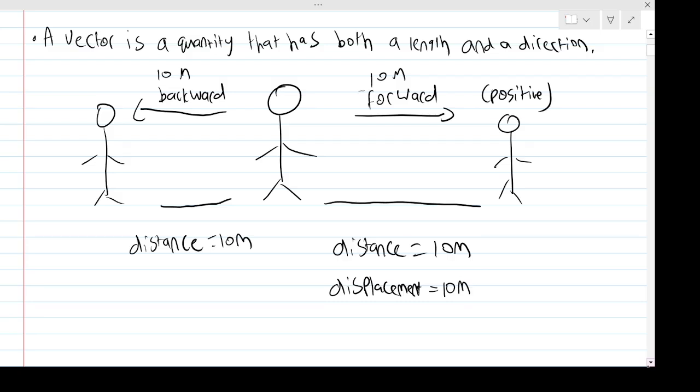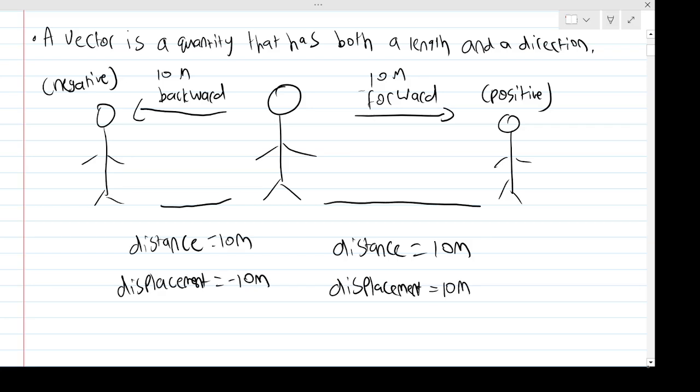However, in this case, we're going backwards. Like the x-axis, if you're going to the left, you go negative. So this is the negative direction, and that means the displacement is what we call negative 10.